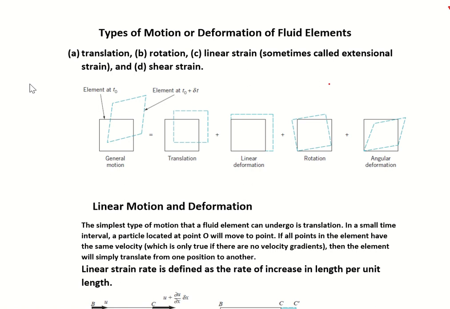So let us start with the first point, that is, types of motion or corresponding deformation of fluid elements going through some flow field. In this figure we have this fluid element, which is shown with the help of a square, and for the sake of simplicity we have taken only two-dimensional flow.